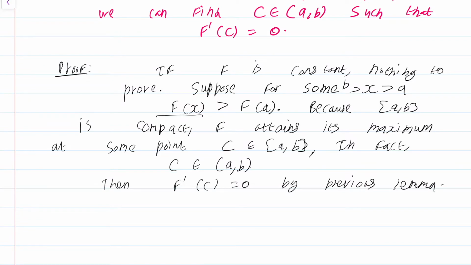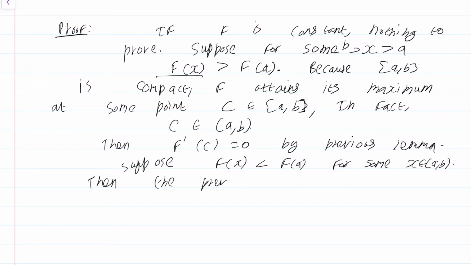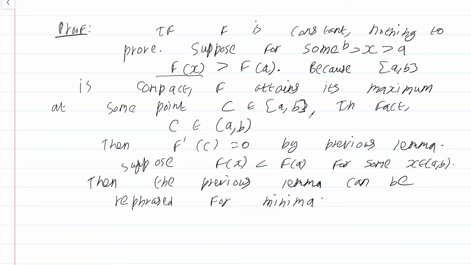Now the other case is, suppose f of x is less than f of a for some x in the open interval (a, b). Then the previous lemma can be rephrased for minima. The same proof with a very minor modification will tell you that at a point of minima also the derivative is 0.